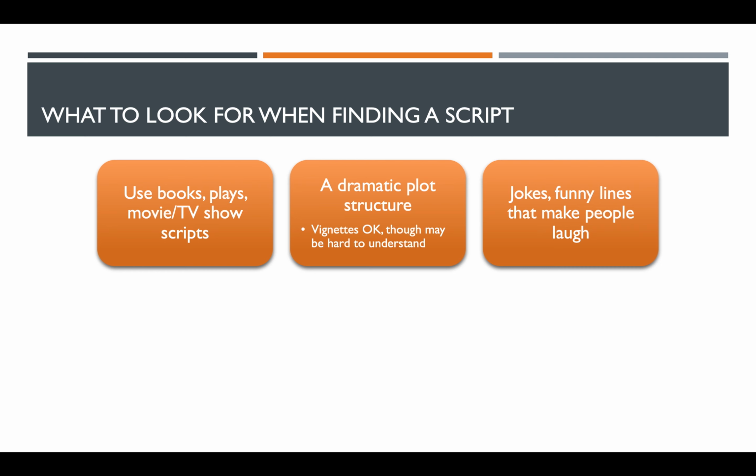So, for example, if you are looking at a script that has a lot of raunchy language, so very sexual language, lots of swear words, while you may find that funny, that may not be a script that is very suitable for HI because parent judges might not find that funny, right? A good example of this is perhaps a funny South Park episode or a funny Family Guy episode, right?